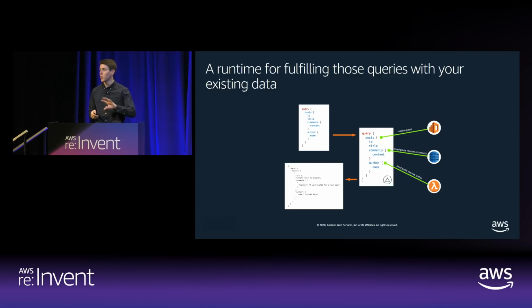So you can put a GraphQL API in front of pretty much anything you could store information in, and then you have the common interface from the client that you're talking GraphQL, but then GraphQL can talk to DynamoDB or Neptune or RDS or Elasticsearch or any older API that you guys are maintaining, and it'll just work out of the box. And then you can see that the query comes in, it runs through the runtime, stitches all the information together, and then it returns a response in exactly the same shape that you're expecting.